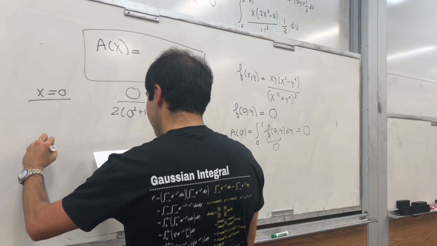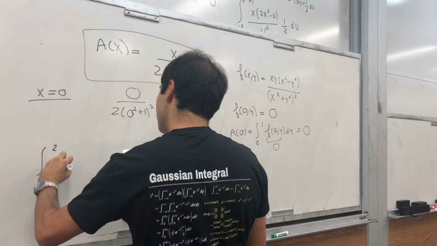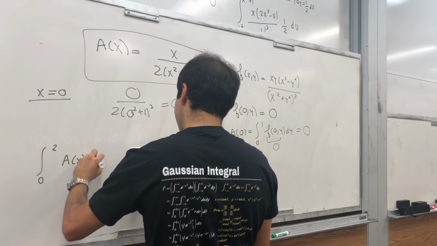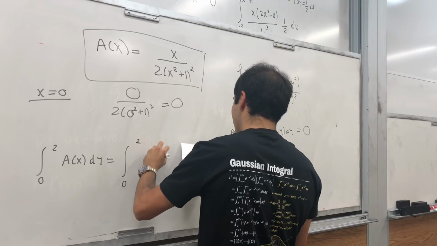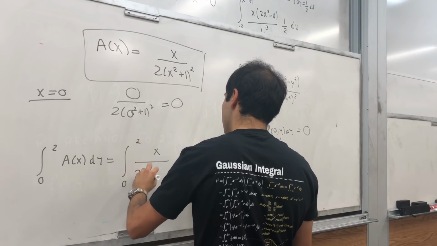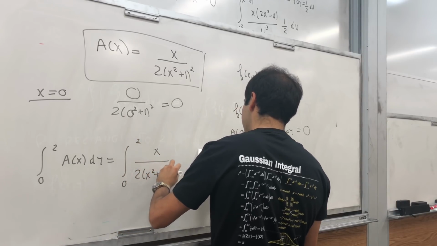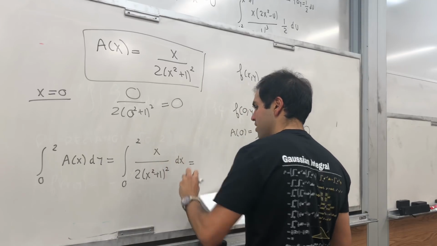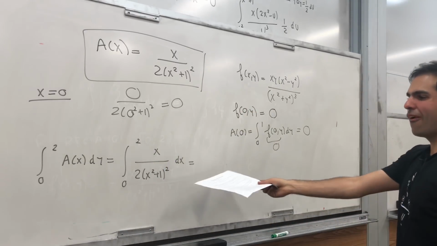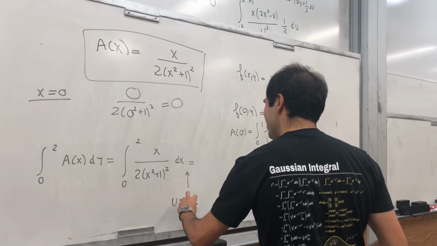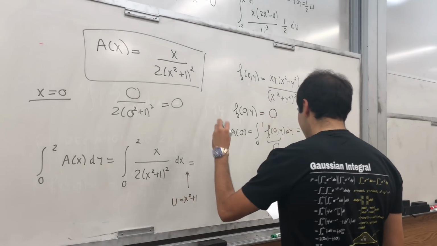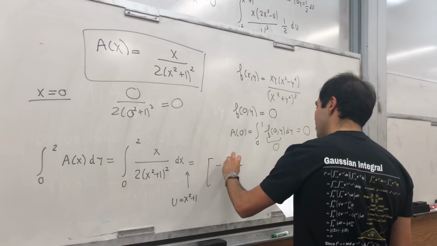So let's do the integral from 0 to 2 of a of x dx. Well, that's the integral from 0 to 2 of x over 2 times (x squared plus 1) squared dx. And this looks horrible, but if you want, you can just use a u substitution. u equals x squared plus 1, and you find an antiderivative.